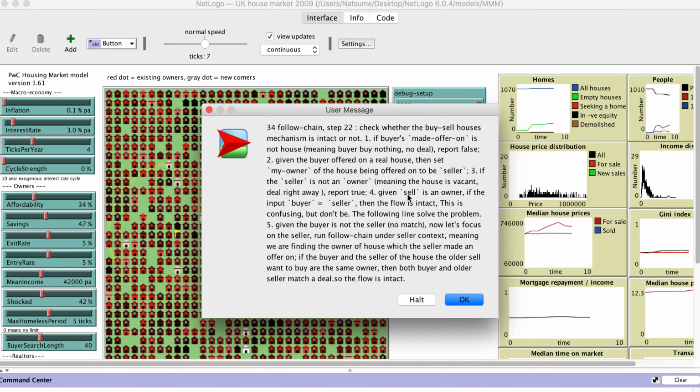But what if the new seller is an owner? We need to check whether the buyer equals the seller, all right? But remember, let's come back to the code. That will be much easier to talk about.